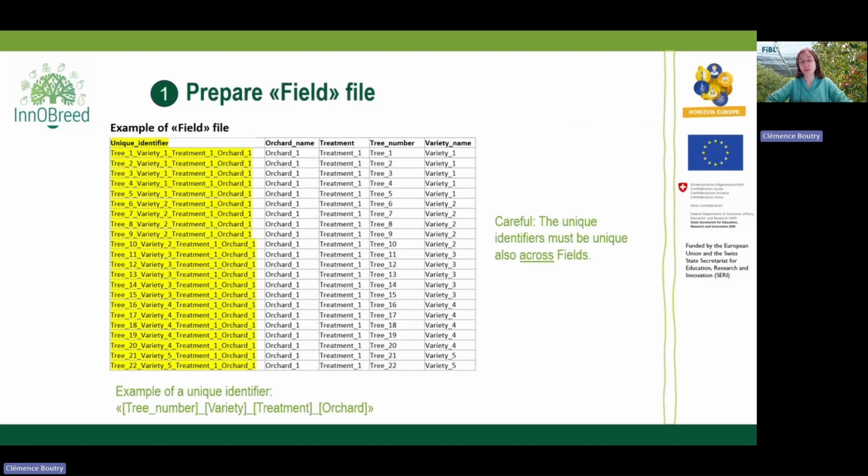It's important that the unique identifier doesn't contain any special characters, no blank space, no percentage, no special letters. Otherwise you will have troubles with importing your field in the app. It will give you an error.